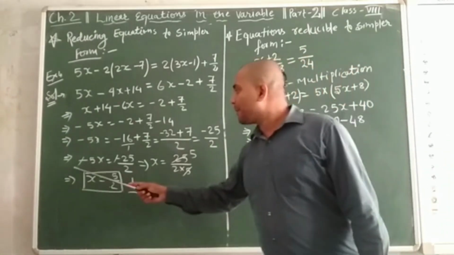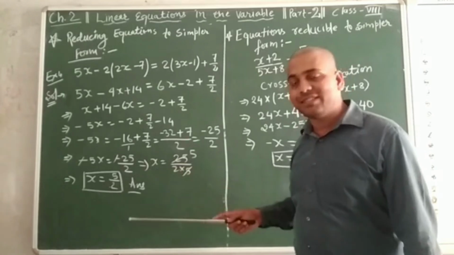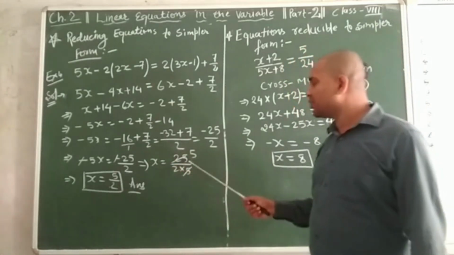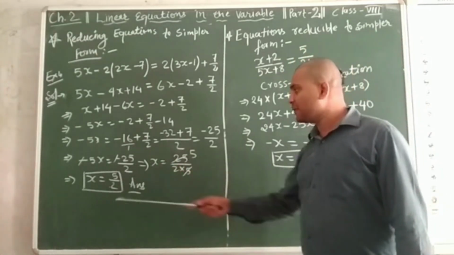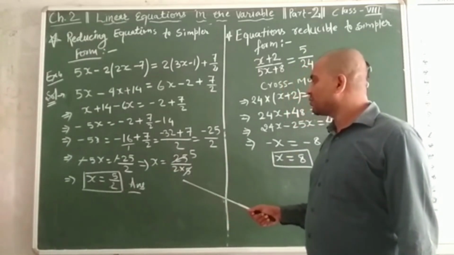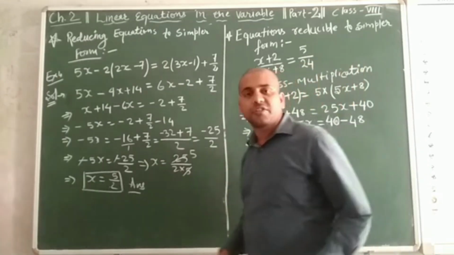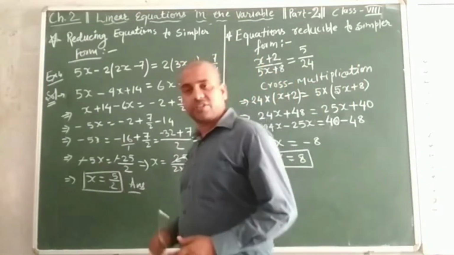Okay, so minus 5x is equal to minus 25 upon 2, minus minus cancelled. This 5 also we will shift to right hand side. So x is equal to 25 upon 2 into 5, that is by 5 it is cancelled. So x value we got 5 upon 2, dear students.